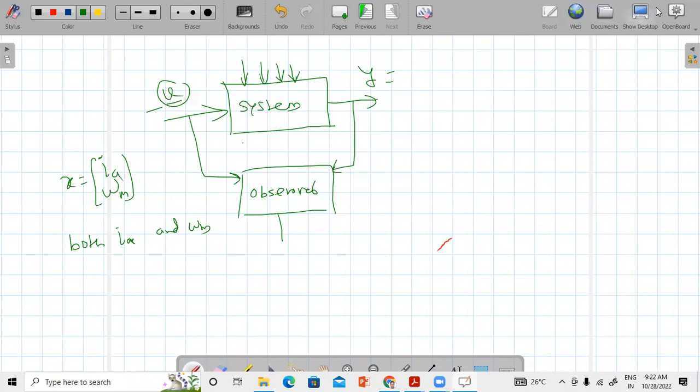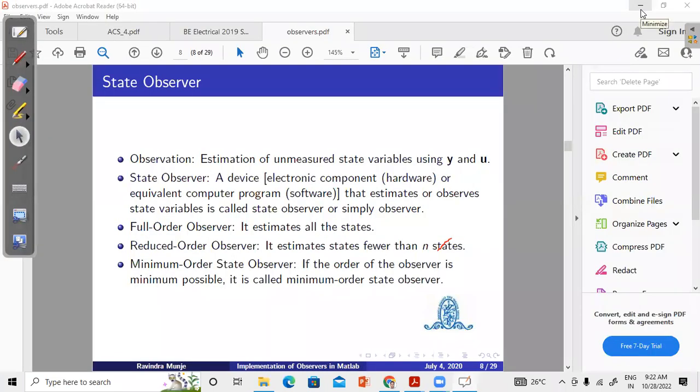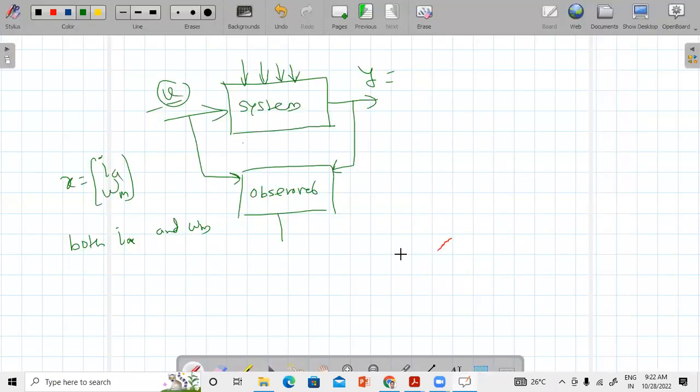And if we are estimating fewer states than the actual states, then it is called a reduced order observer. A reduced order observer estimates fewer than n states. So maybe if I'm estimating only omega, then it is a reduced order observer, or if I'm estimating only Ia, then it is a reduced order observer.